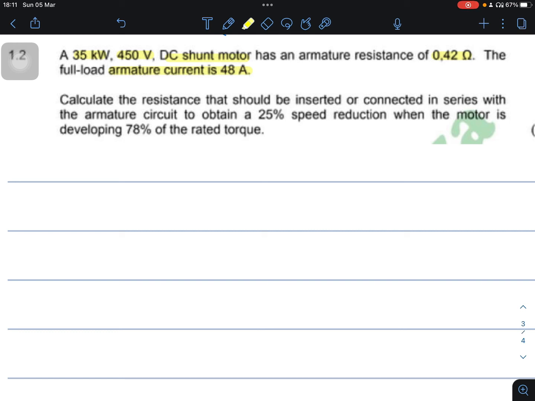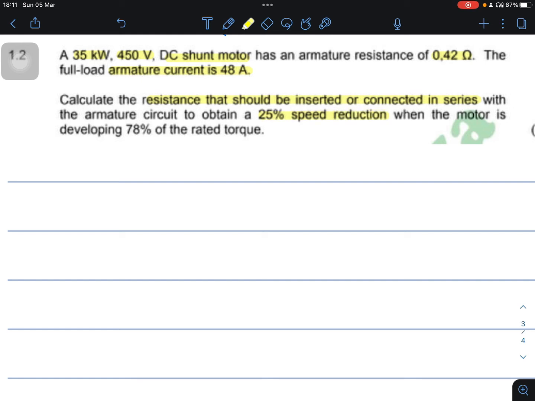We must calculate the resistance that should be inserted in series with the armature circuit to obtain a 25% speed reduction. Remember, whenever you connect a resistor in series with the armature, you are reducing the speed. If we wanted to increase the speed, we would have to connect a resistor in series with the field winding. That is how we increase speed.